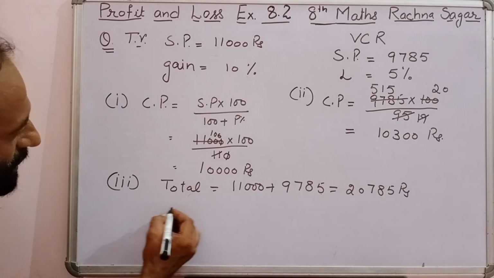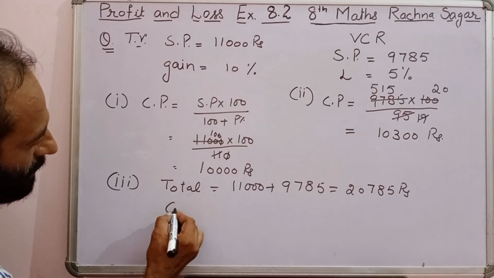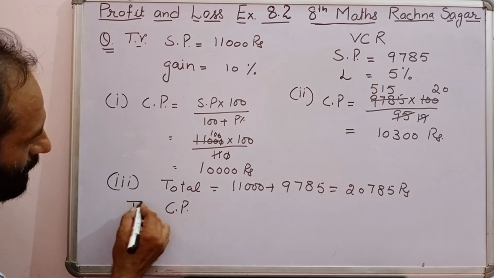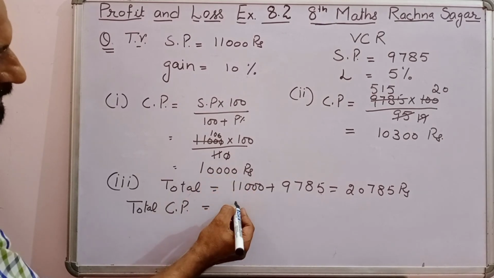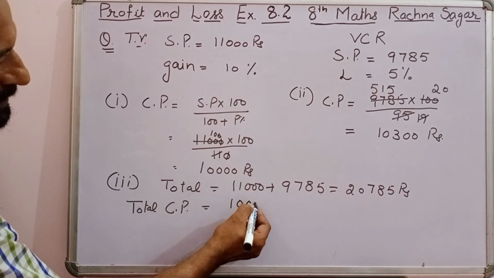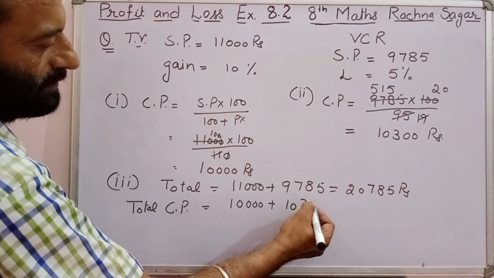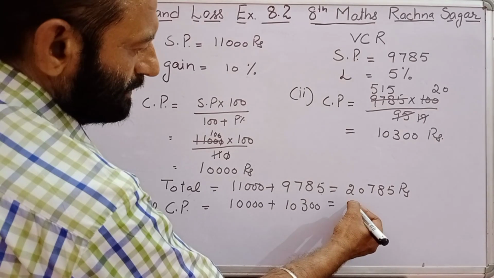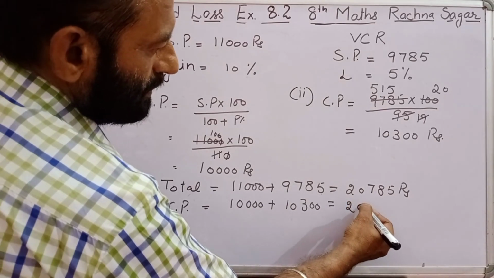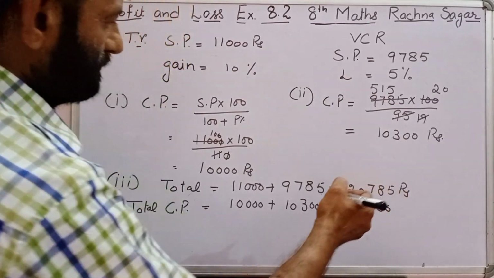Total CP of TV and VCR is equal to 10,000 plus 10,300, that is equal to 20,300.